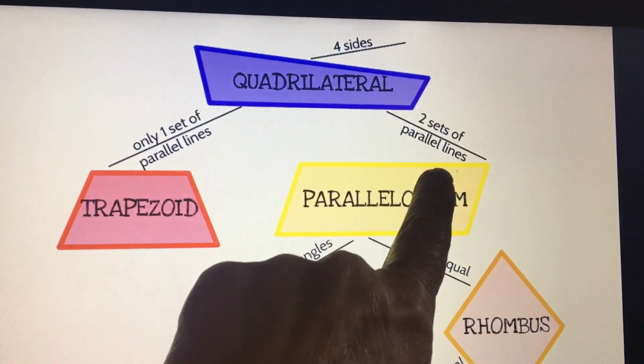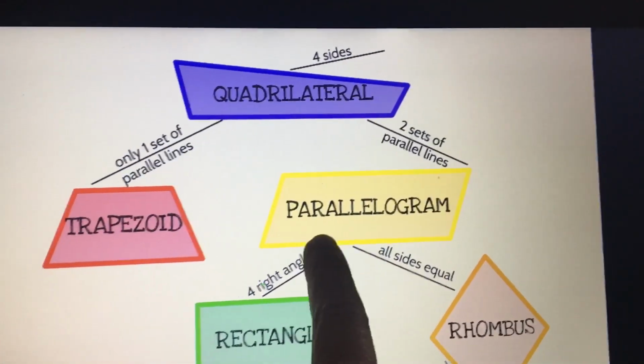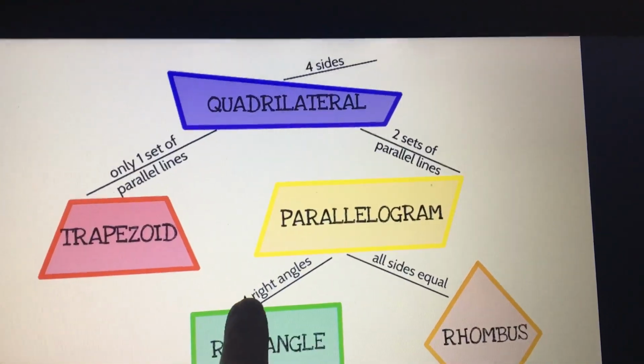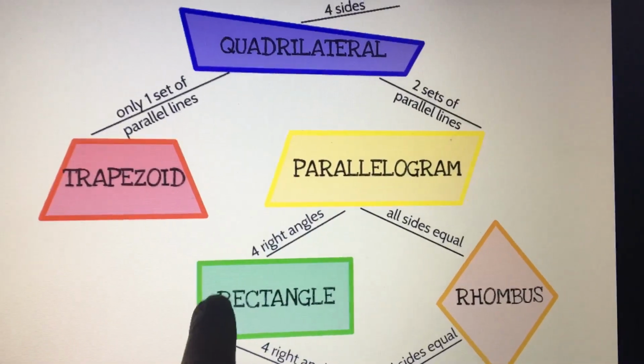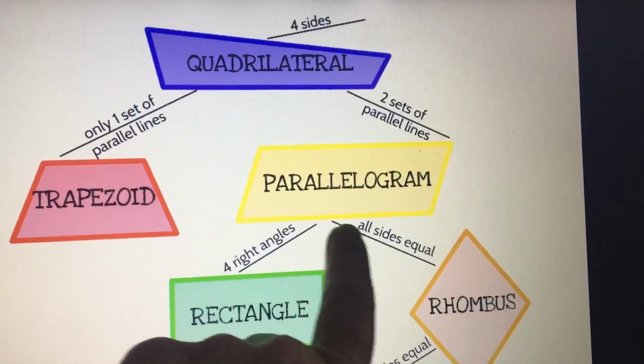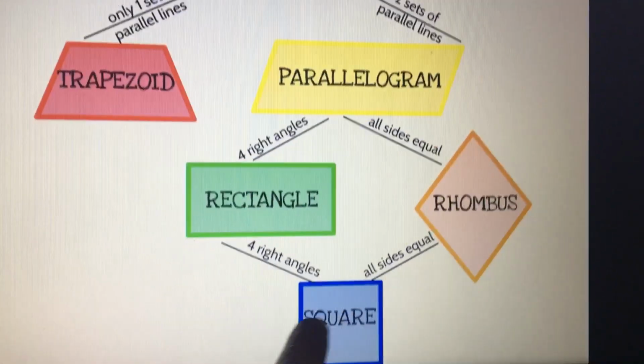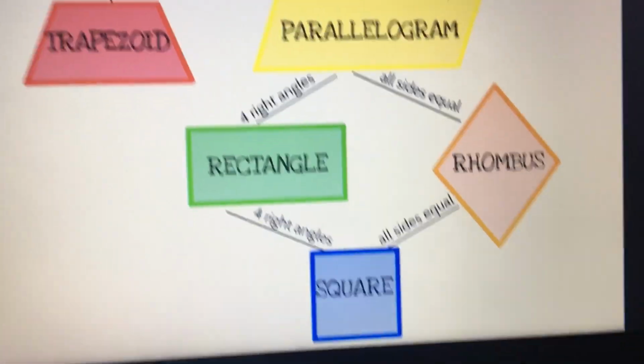And then two sets of parallel sides, I have a parallelogram, and then breaking down from our parallelogram, we have right angles, so that would be a rectangle, and over here all sides are equal would be a rhombus, and then we have our square down here that has everything.